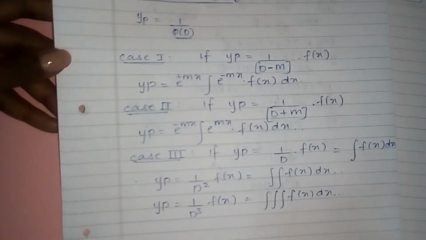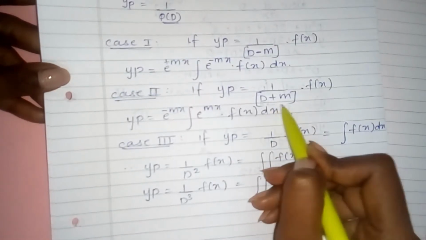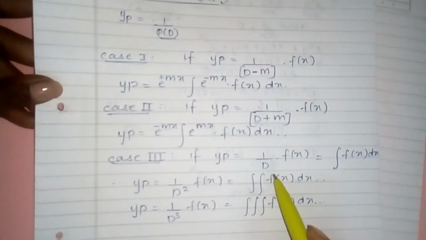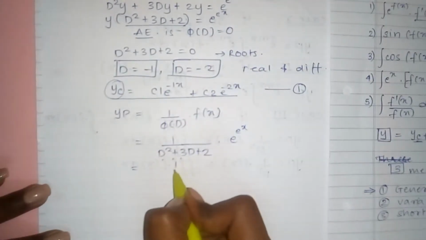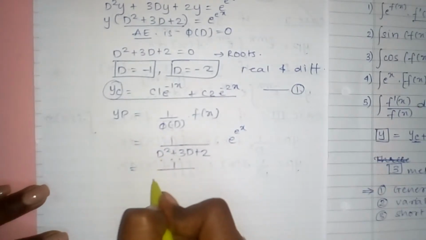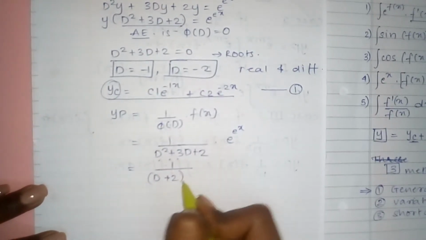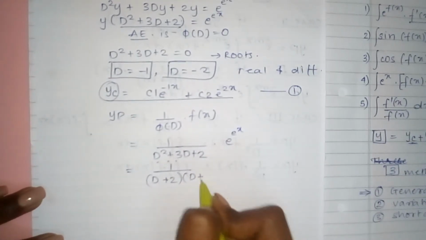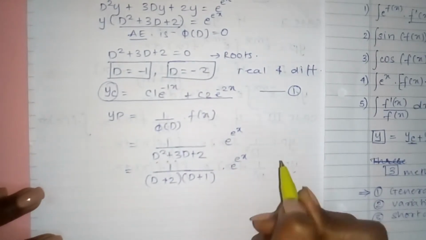Now we have to convert that equation into this form, either D plus m or D minus m or 1 upon D. Now we can see that we can remove the roots. So it is 1 upon D plus 2 and 1 upon D plus 1 into e raised to x.